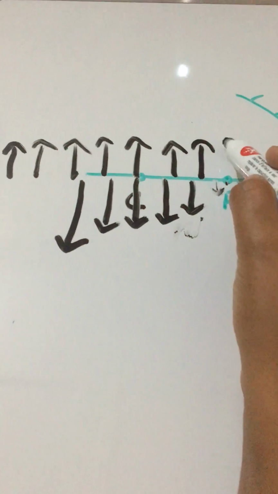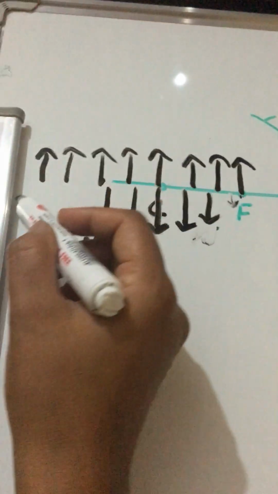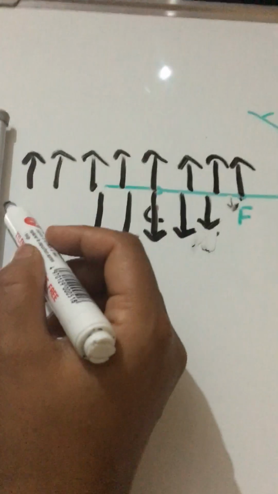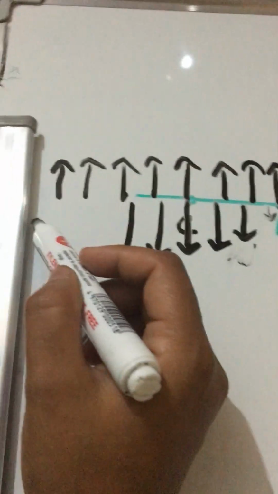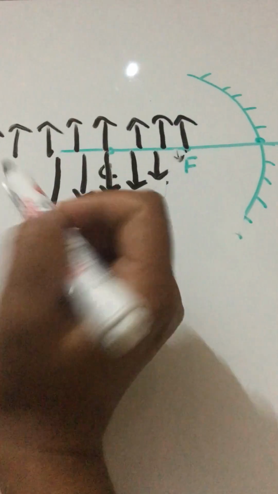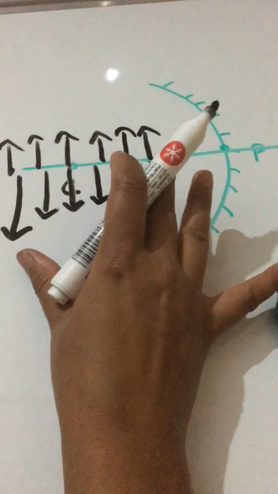When the object is at F, the image will be very big and it will be formed at infinity. This word very big, we use the term magnified, and the image will be very far away. I hope my explanation is clear for this.